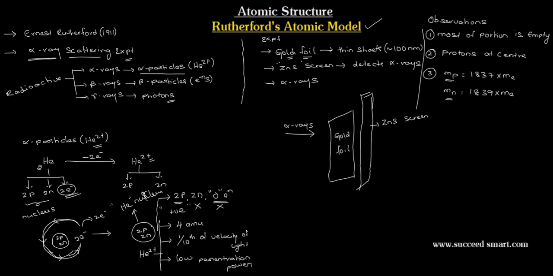Again, I am repeating this: the proton has a very high mass compared to the electron, and the neutron also has a very high mass compared to the electron, and these two particles are present at the center. Therefore, the total weight is concentrated at the center, known as the nucleus.